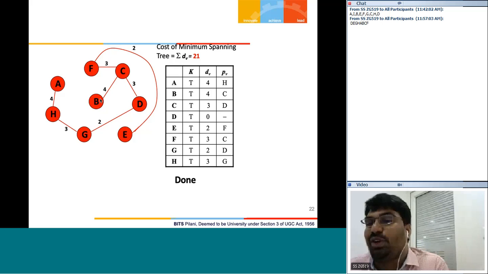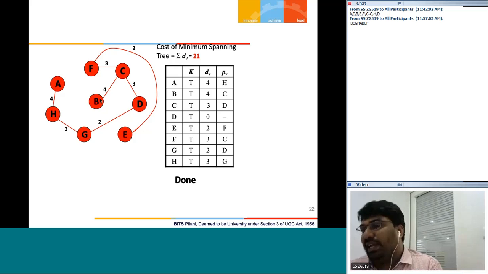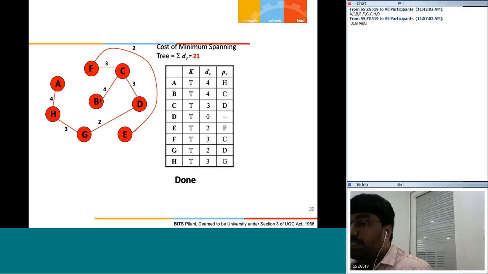If you do the cost to visit all nodes from one to another, the total cost involved to visit all is 21. Yes, there can be multiple MSTs, but the cost will remain 21 only. Rudra, you have a very valid question. You will have multiple MSTs.